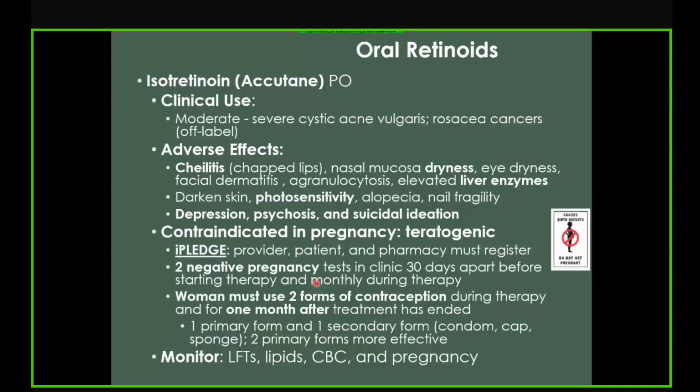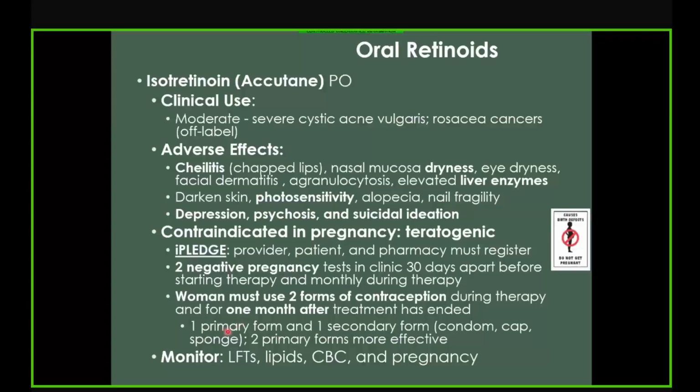Most of the time, a provider will do that second one right before they prescribe that medication, okay? And what the woman is pledging, and what the provider and the pharmacy are pledging, is that we have all stated that 2 forms of contraceptives need to be used while they are taking that medication, and for at least 1 month after they have stopped the medication, because the medication needs to get out of their system.